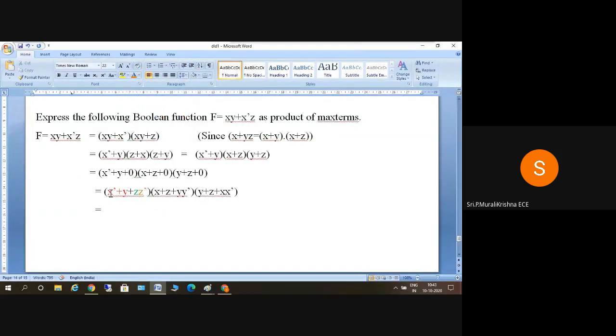Okay, so this is x here, and this is y here, and this is z here. So what is the formula for x plus yz? It is (x plus y) into (x plus z).